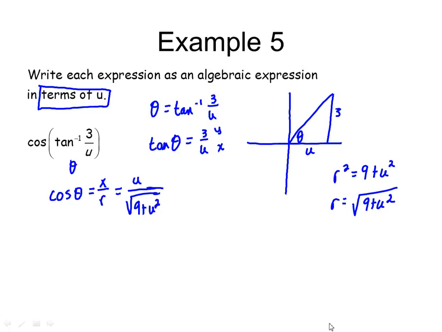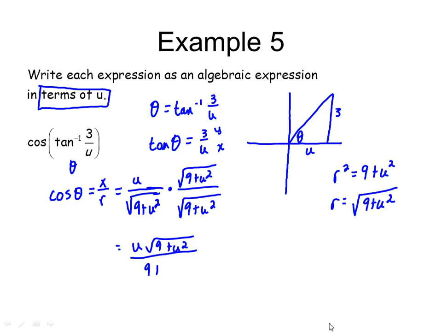So let's multiply by the radical. This is algebra stuff. So we're going to have u times the radical, because you can't multiply those together. And then when you multiply a radical times a radical, what happens? Square root of 3 times square root of 3 is what? 3. The radical just goes away. So you get 9 plus u squared.